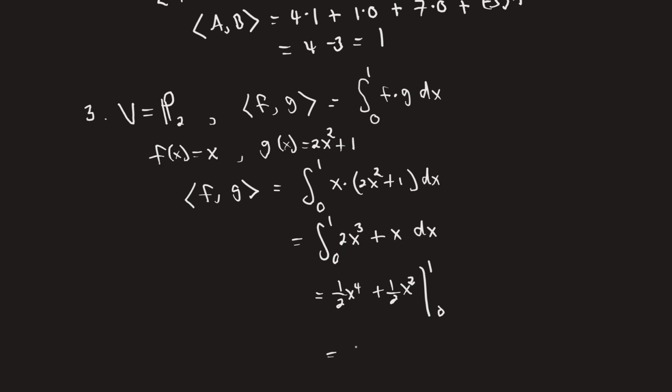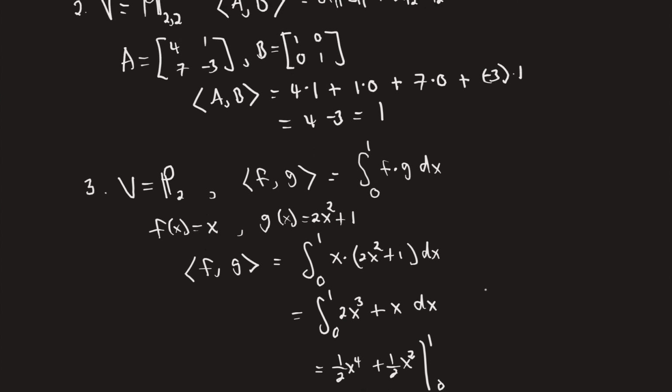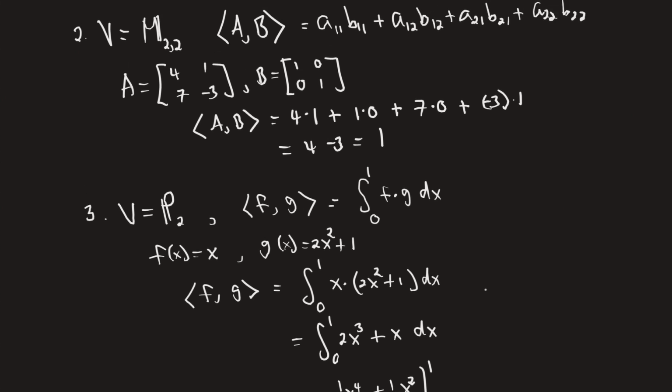So we're going to end up with 1 half plus 1 half minus 0, and we get a value of 1, which is really interesting, right? Because if you look at these two examples, the second example was matrices, and we just did what would be a natural extension of the dot product, and we come up with an inner product of 1.